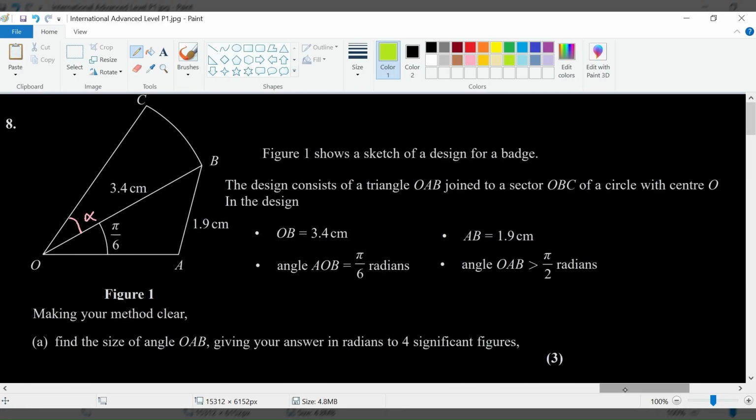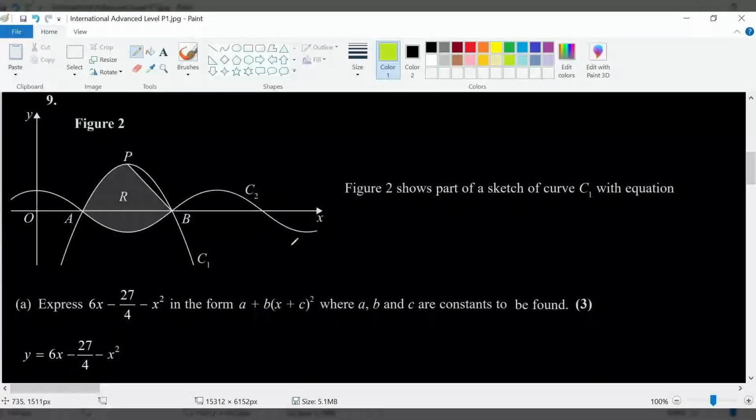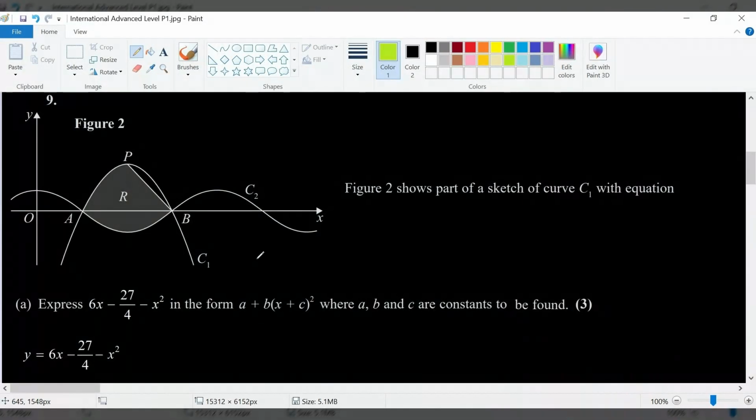Now we are moving on to question number 9. As you can see in question number 9, there's a figure given, and figure 2 shows part of the sketch of a curve C1 with equation 6x minus 27 over 4 minus x squared, in the form of a plus b bracket open x plus c whole square.